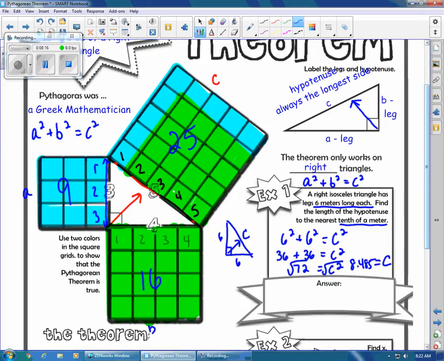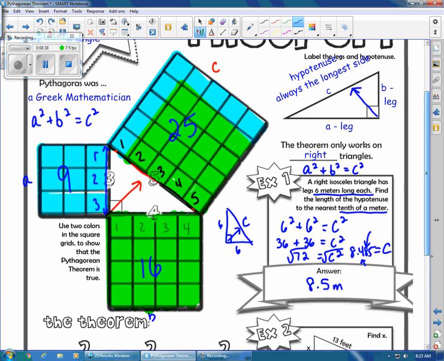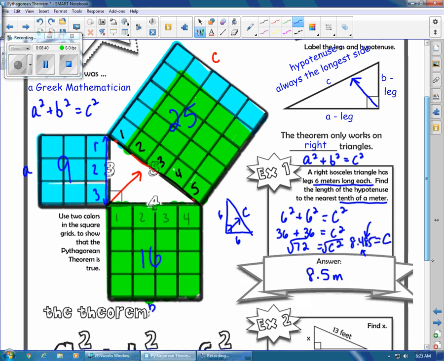If I'm rounding to a tenth of a meter, I'm going to round to the first spot past the decimal, and I look here, and that's greater than 5, so I'm going to say my answer is 8.5 meters. The 4 goes up 1 because the number next to it is greater than 5. So that would be my answer on this one.